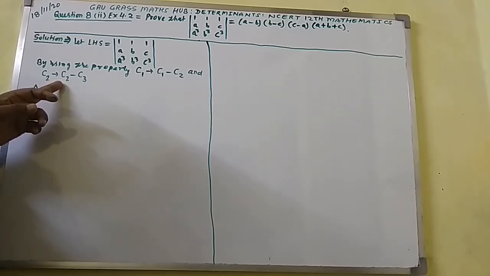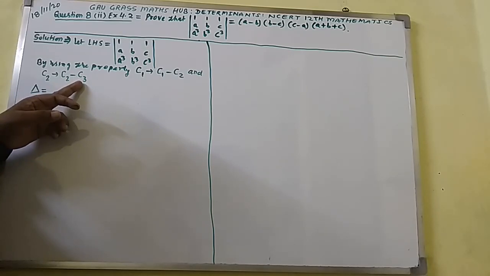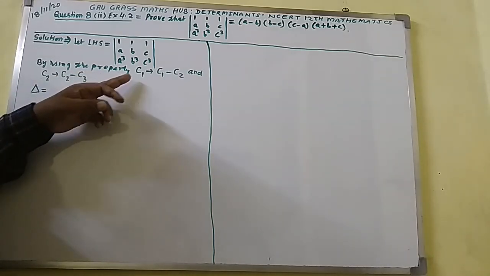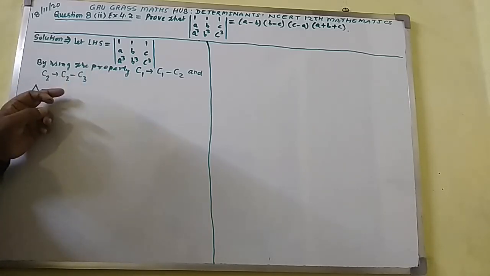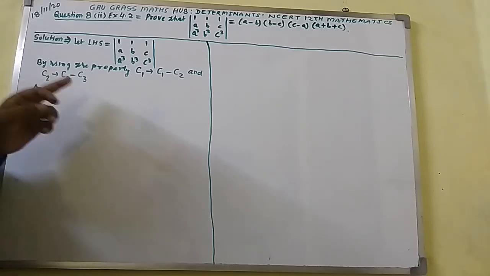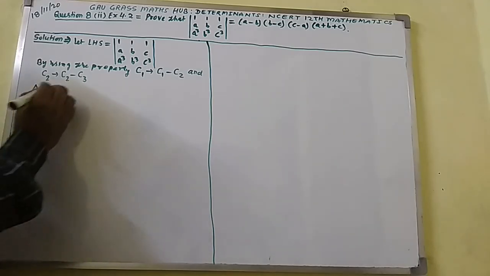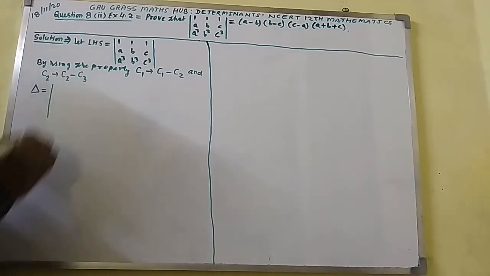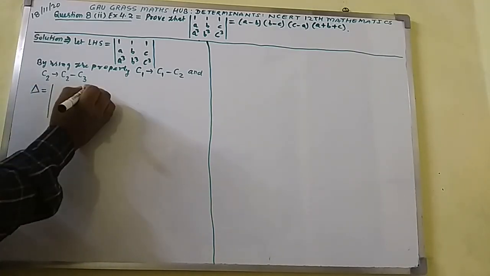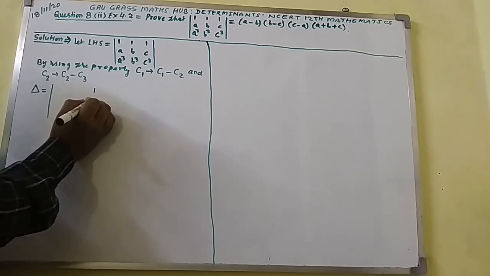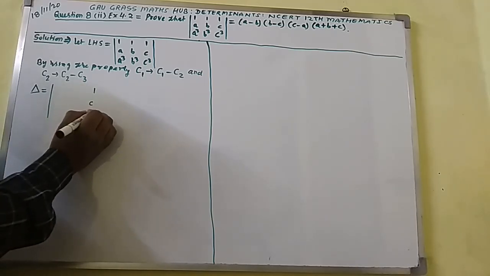There will be no changes in the first column and third column. So on using both properties simultaneously, there will be no change in column number 3. So here I shall write column number 3 as it is: 1, c, c cubed.